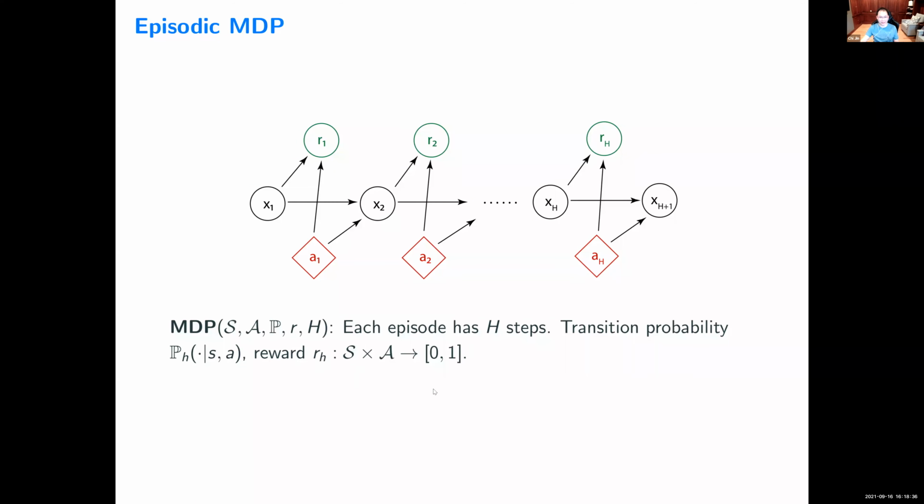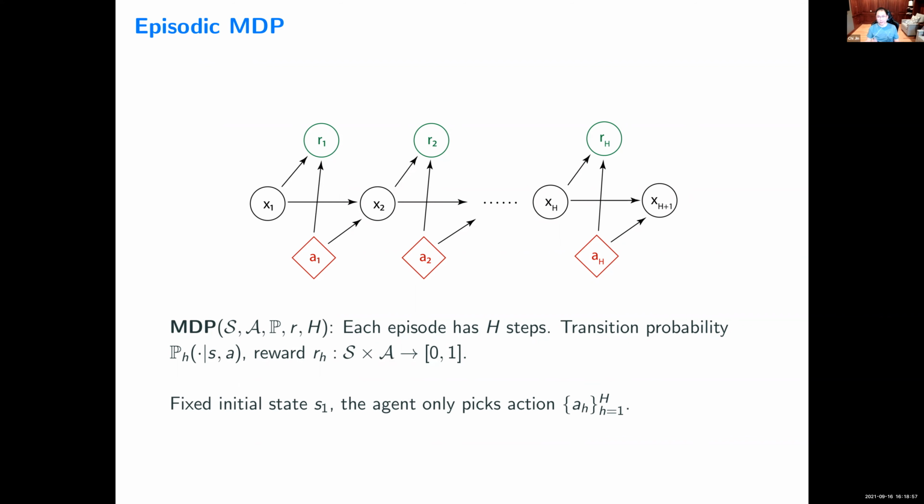We also have a reward: if I'm currently at a state and take some action, what is the immediate reward I'm going to get. By episodic setting, we mean the entire game, or one episode, ends in H steps, and then we stop and start again.